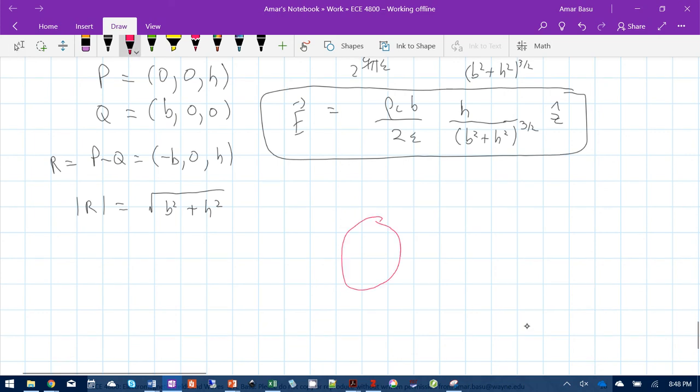Let's say I have a cylinder of charge like this, okay? Imagine a hollow cylinder, a tube, and it's a metal tube, and that metal tube has charge on it. What's going to be the electric field at the middle of that tube?